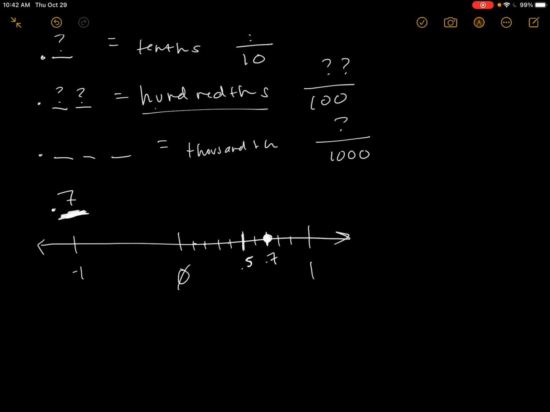Okay, let's also do negative 1.3. Oops. No, let's just do negative 0.3. Okay, so again, I'm going to split it 1, 2, 3, 4. And then we have negative 0.1, negative 0.2, negative 0.3 right here.